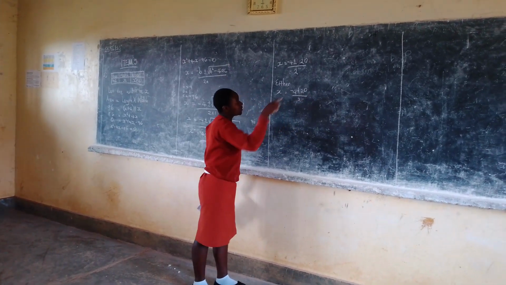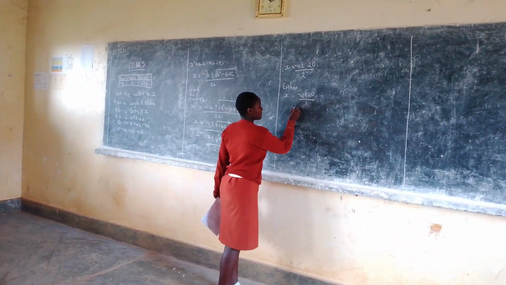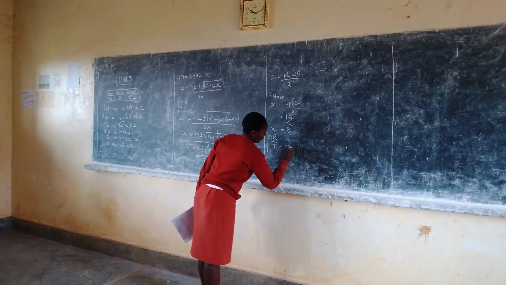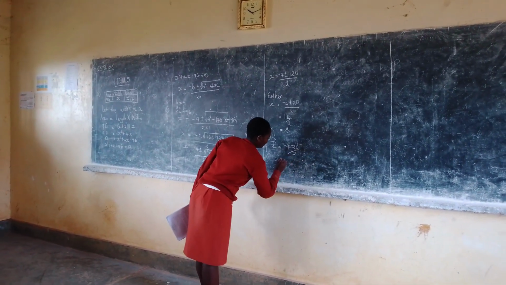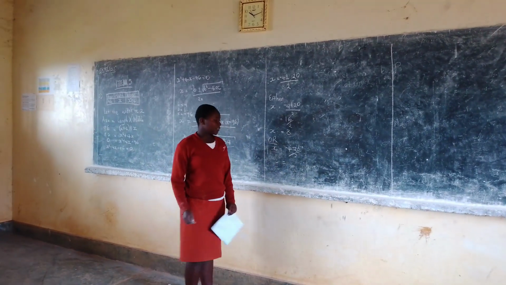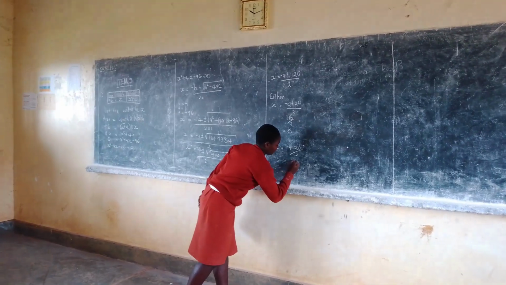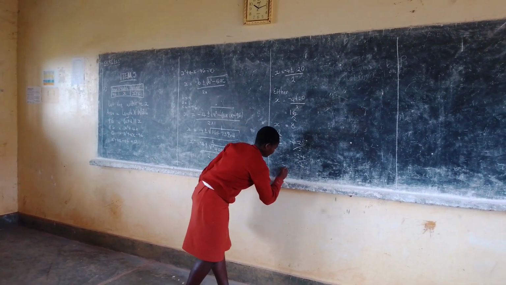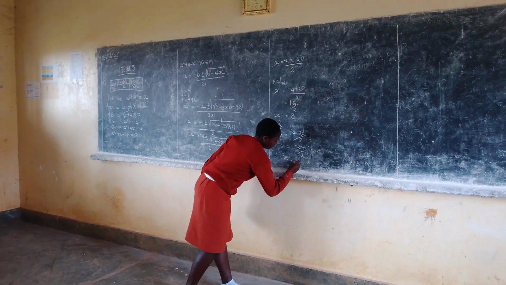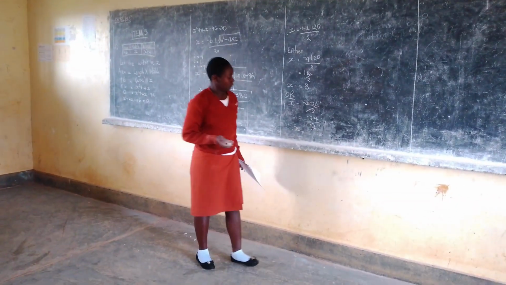What is negative 4 plus 20? 16. What is negative 4 minus 20? Negative 24. What is negative 24 over 2? Negative 12.